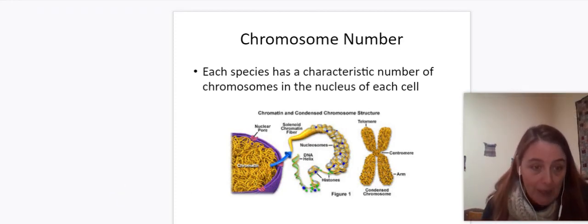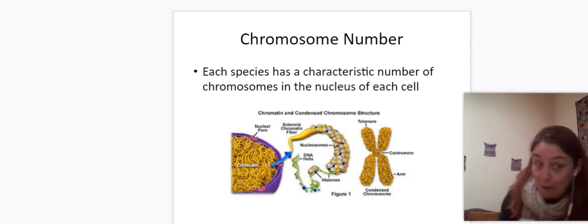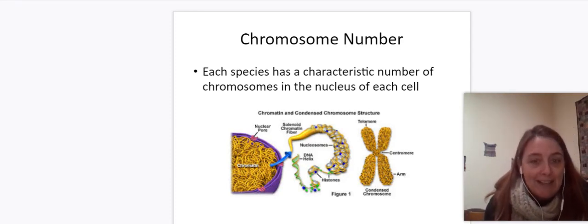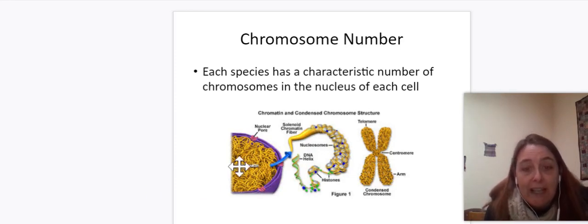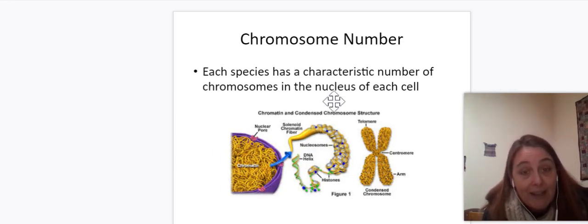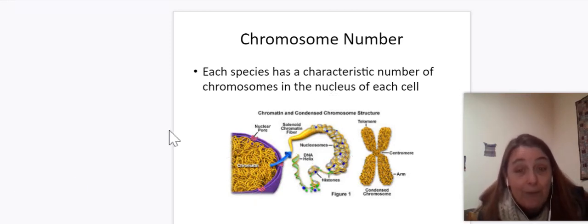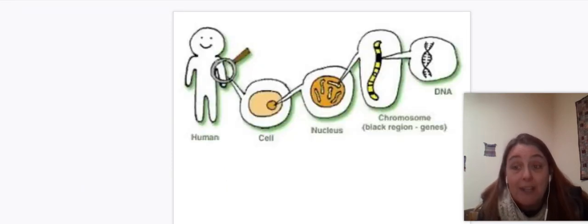Every cell in your body, with the exception of some that we'll talk about really soon, has the exact same number of chromosomes. That is when your DNA is no longer a jumbly mess and it's put into short sticks. Once you do that, there's a specific number of chromosomes in each cell.